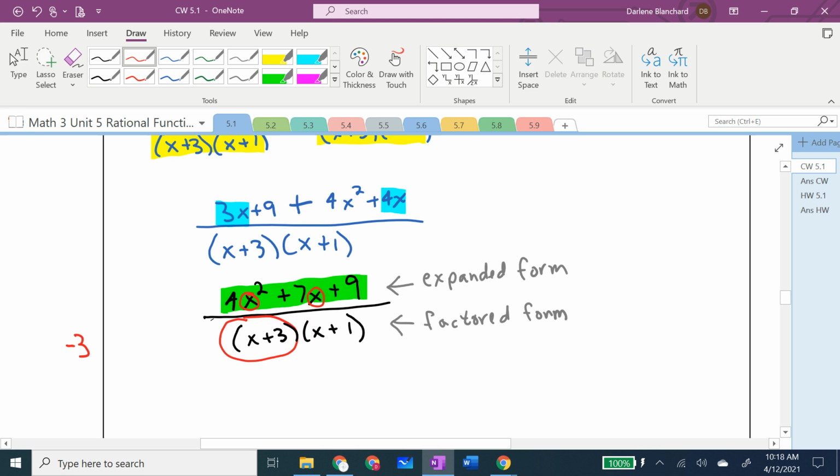Don't even need to think about it too hard. Then x plus 1, negative 1 makes x plus 1 0. If I plug a negative 1 into these x's, do I get 0? So that's a quick check so that you don't need to bother trying to factor. You're good.